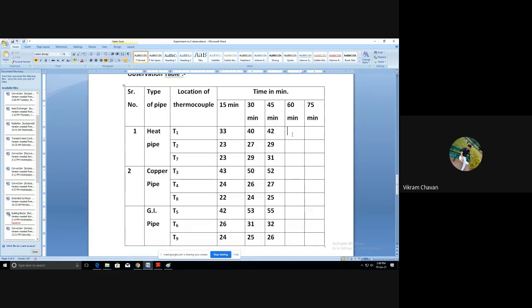And further, the fourth reading, we will consider this as the last reading.